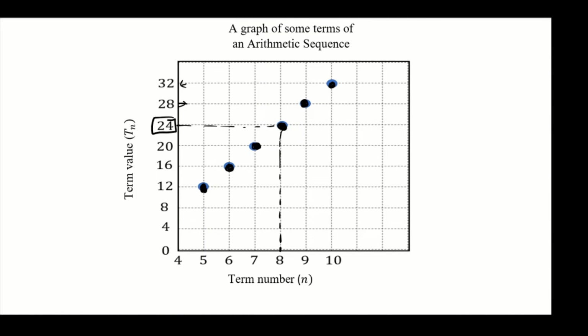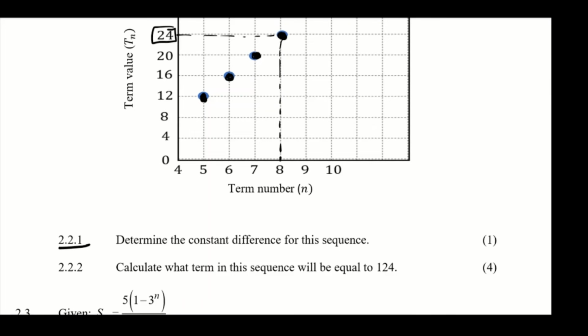So we can use any term here to find this constant difference, right? Because we know the difference between these two terms is actually the same. So if you take a look, term number 5 is equal to 12, term number 6 is equal to 16, term number 7 is equal to 20.